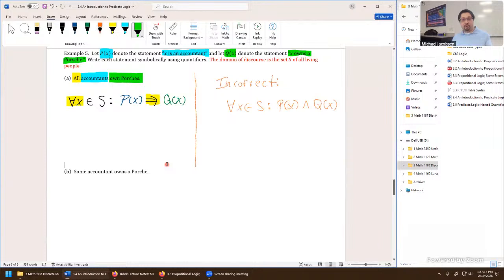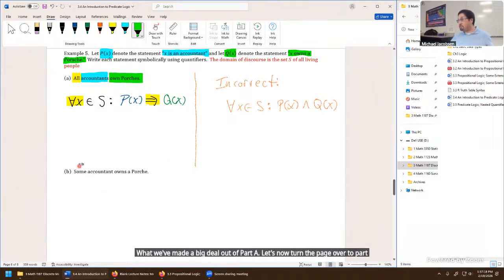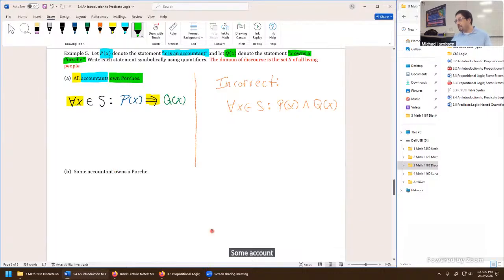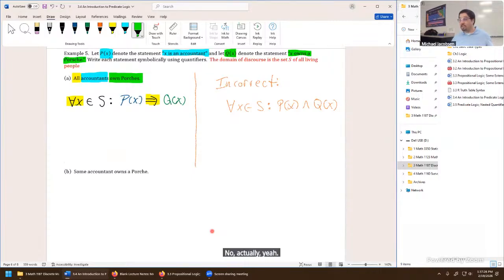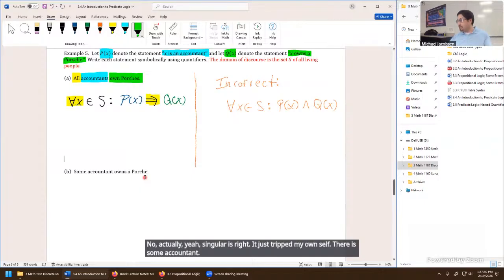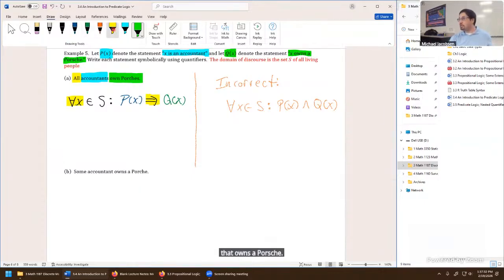Well, we made a big deal out of part A. Let's now turn the page over to part B. Some accountant, there's another typo. That should be plural. Sorry about that. No, actually, singular is right. It just tricked my own self. There is some accountant that owns a Porsche. First thing we can do is some is saying there exists, or for some.